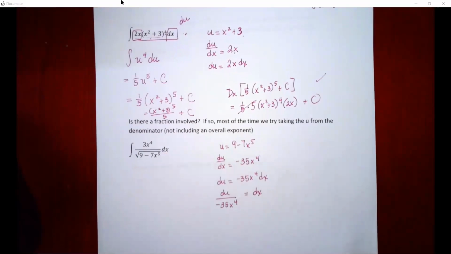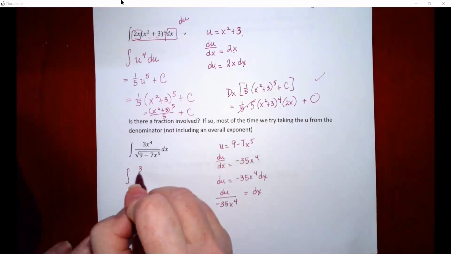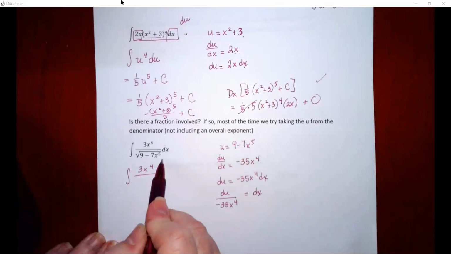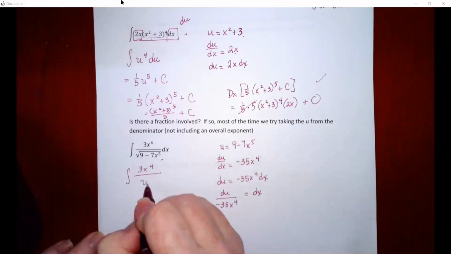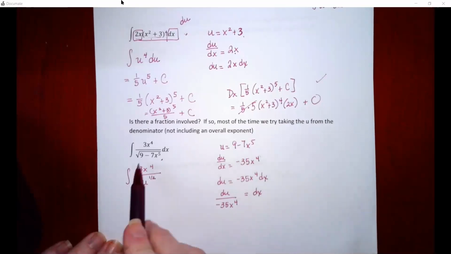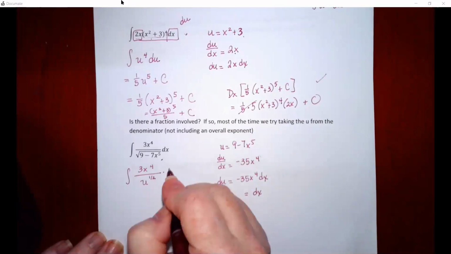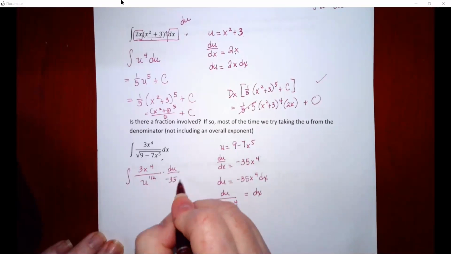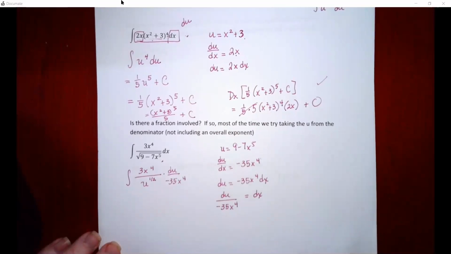So we would have the integral of 3x to the 4th over 9 minus 7x to the 5th, remember, was u. So this would be u to the 1/2 power because of the square root, times dx is du over negative 35x to the 4th. And then if all of the other x's cancel out, we're good to go.